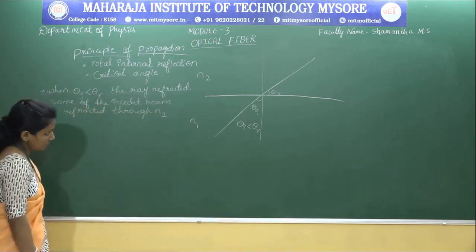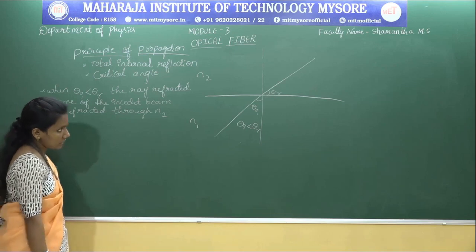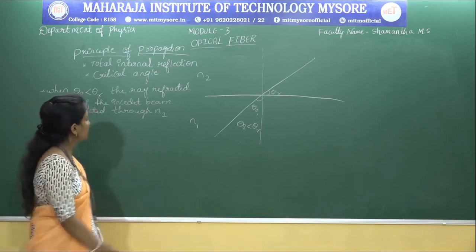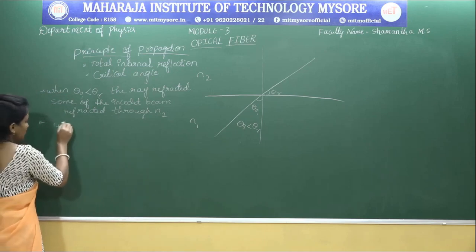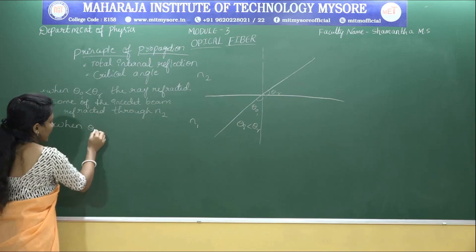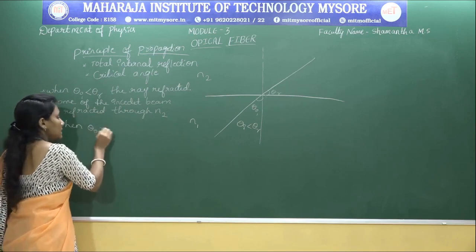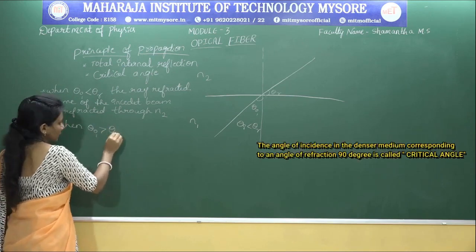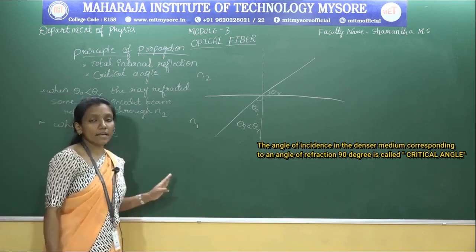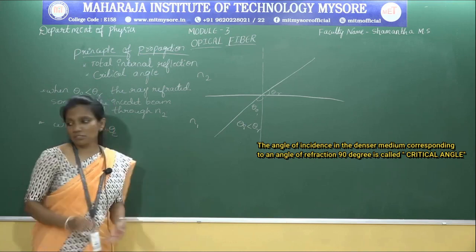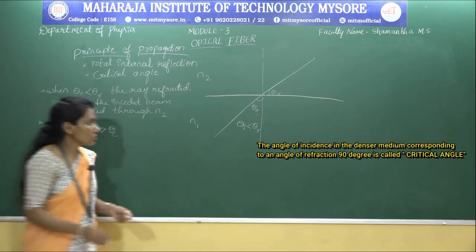Then, when the angle of incidence is greater than the critical angle, then total internal reflection will take place.